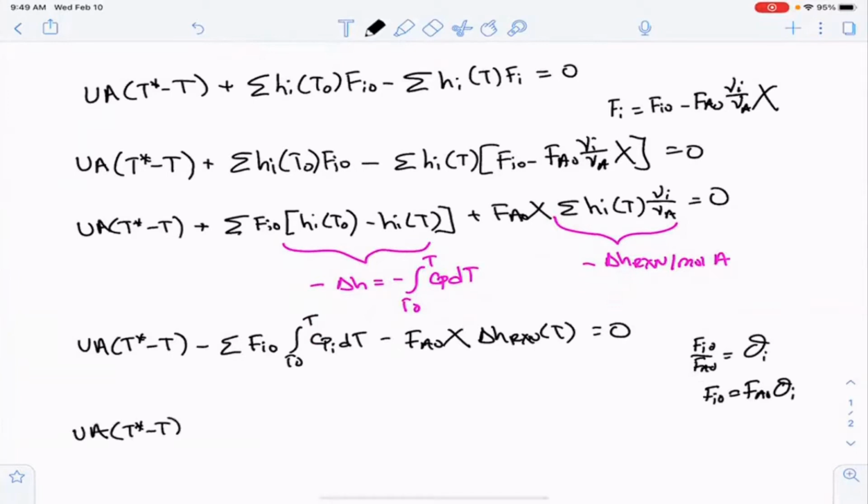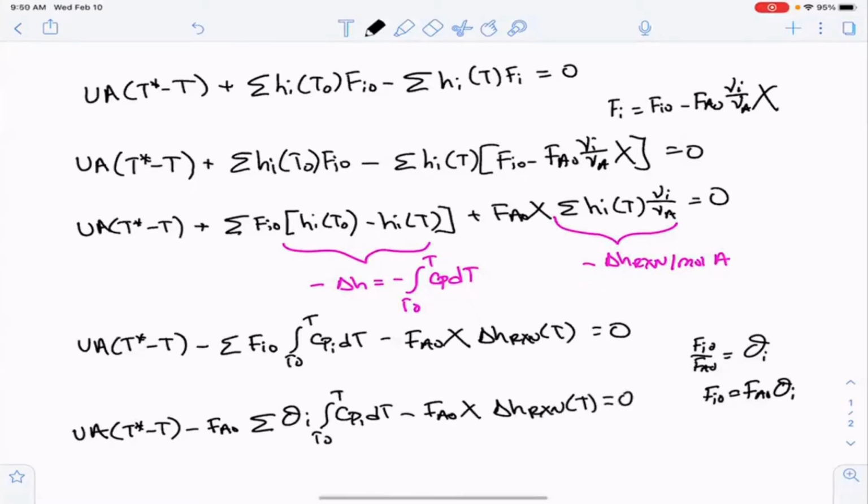We get UA times T star minus T minus FA0 times the sum of theta i times the integral of Cpi dT from T0 to T minus FA0 x times delta H of reaction is equal to 0.